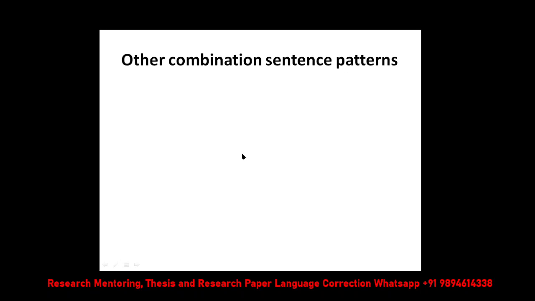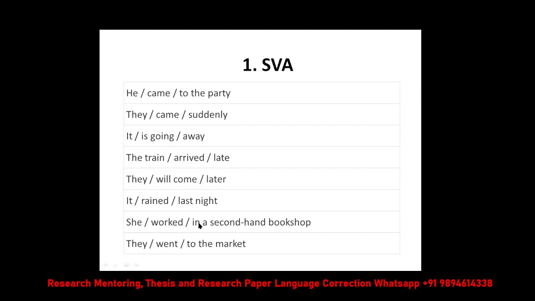So, there are so many other sentence pattern combinations. These are the basic patterns, but the same thing can be used for different combinations. I'll quickly tell you around 15 to 17 other combinations. Here: subject, verb, adjunct. There is one more thing called adjunct, which talks about time, and I have given you the four things.